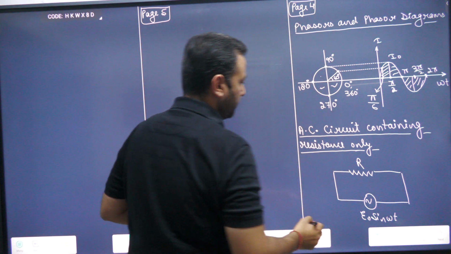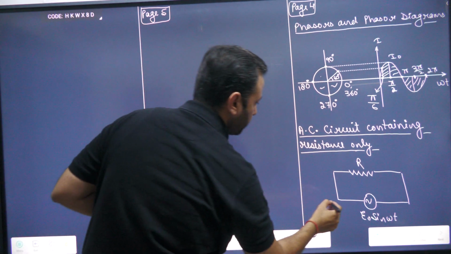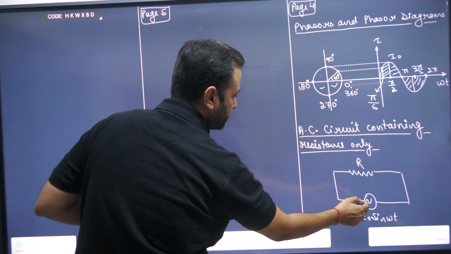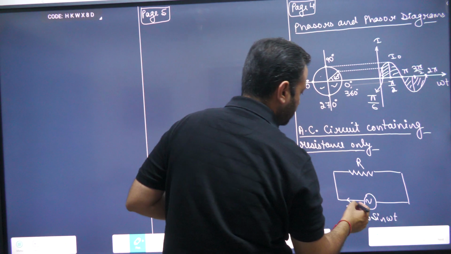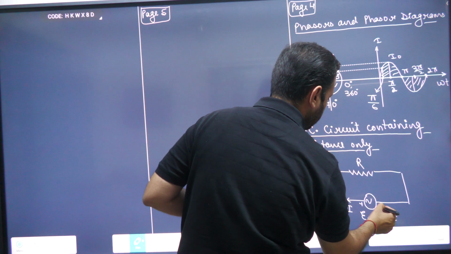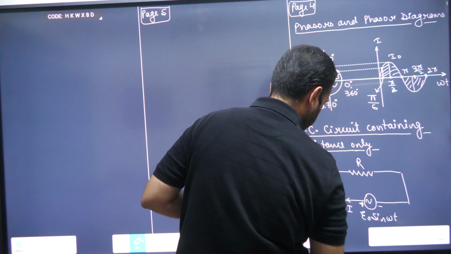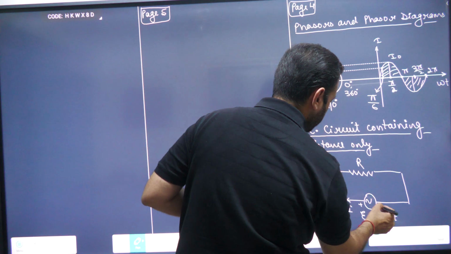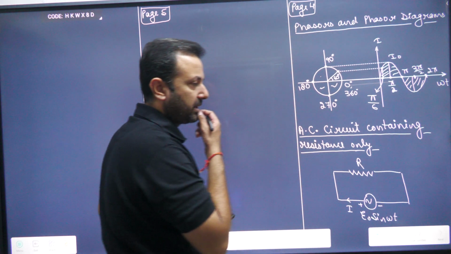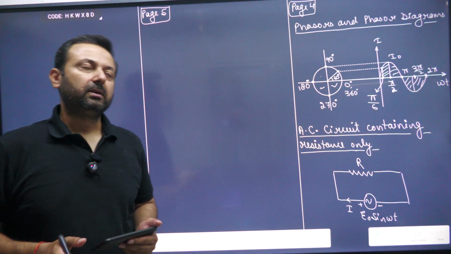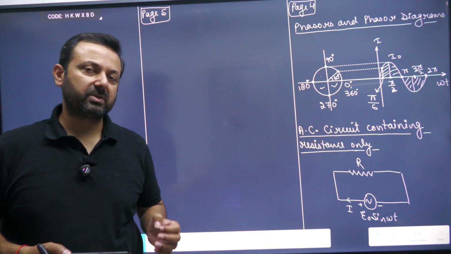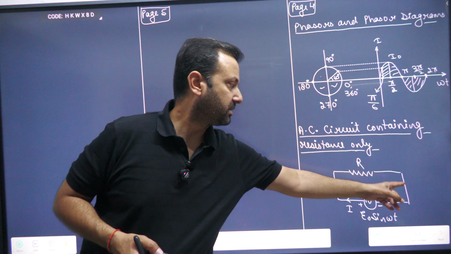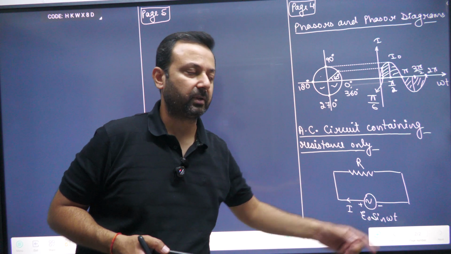This voltage source is delivering the current I. We always take one terminal as positive and one terminal as negative, and the current always leaves from the positive terminal, goes through the resistance and reaches the negative terminal.